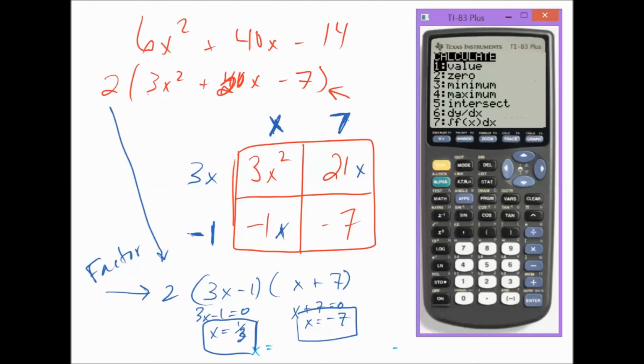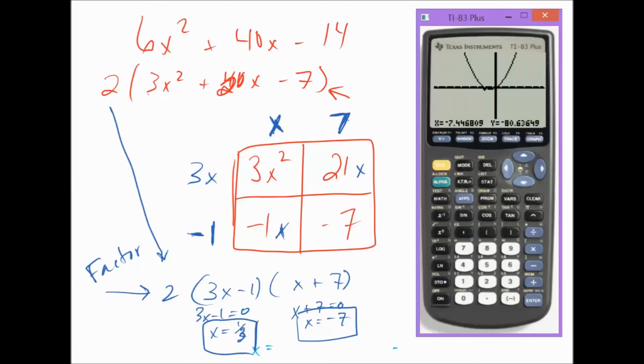Now we can second calculate the zeros. So left bound, okay, somewhere here. Right bound, somewhere over here. It says 0.333, that's what we got with this first one, 1/3. Second calculate the other zero. Alright, it's really hard to see, but so maybe we should zoom out a little bit.